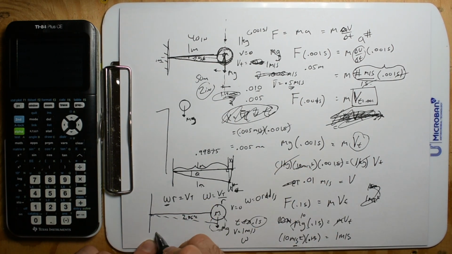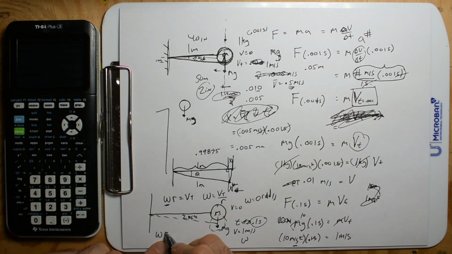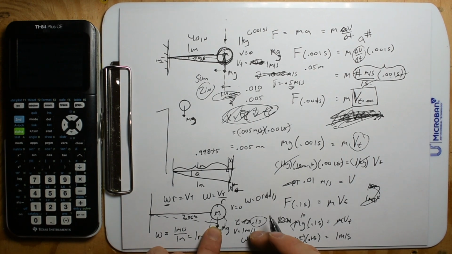So my angular speed right here is going to be a velocity of 1 meter per second divided by 1 meter. So we're going a speed of 1 radian per second right here.